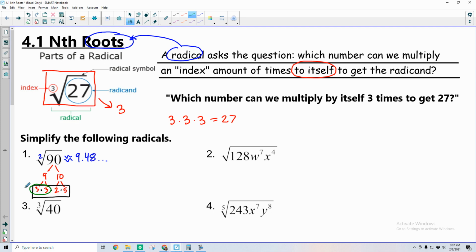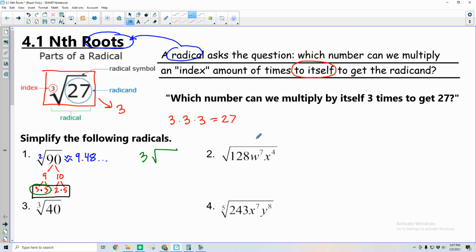Now, what I want you to really be careful of, because this is where people get messed up the most: when you remove this from the radical, do not take out 3 times 3 and put that outside of the radical. Instead, for every group that I'm able to take out, I'm going to represent this with just one 3.